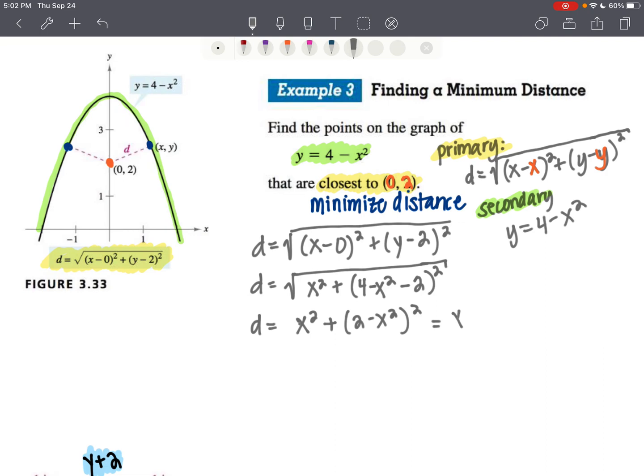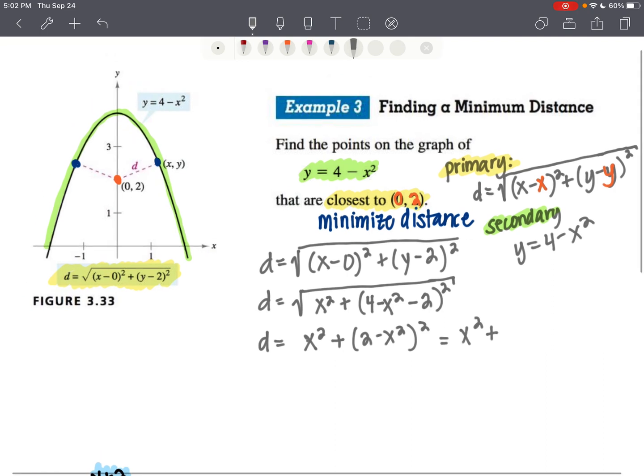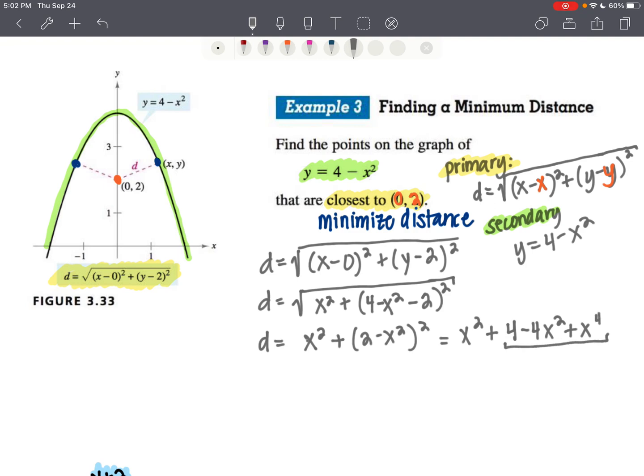And that's equal to x squared plus, when I square the 2 minus x squared, I'm going to get 4 minus 4x squared plus x to the 4th. So this is the resulting trinomial from this binomial squared. So one more time, I'm going to simplify in descending order: x to the 4th minus 3x squared plus 4.